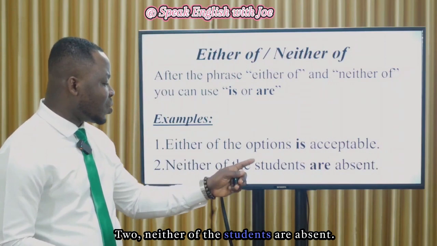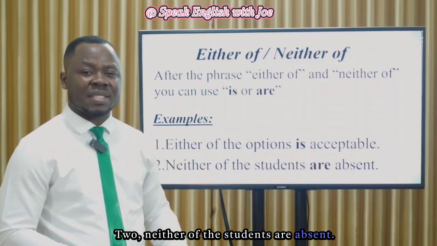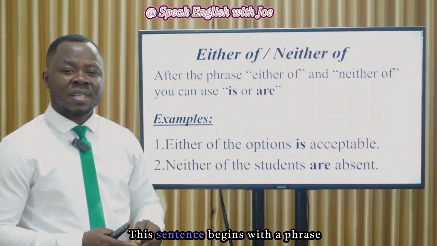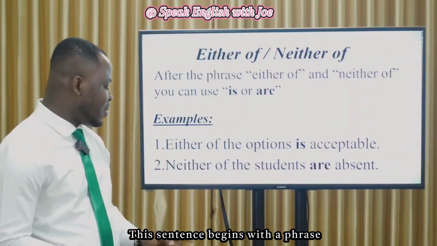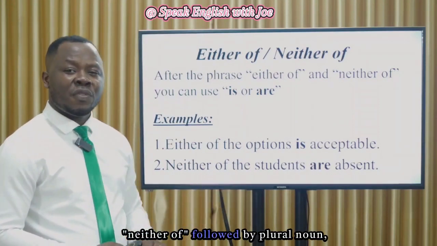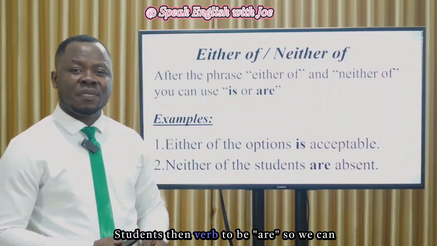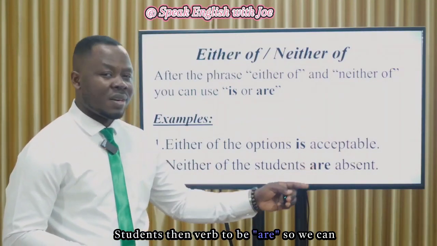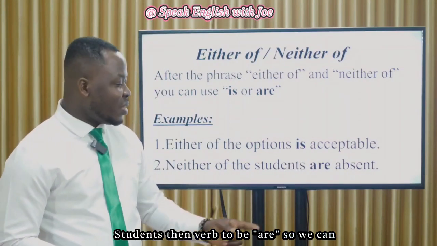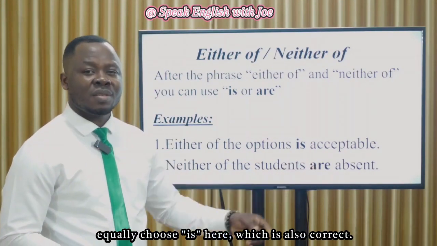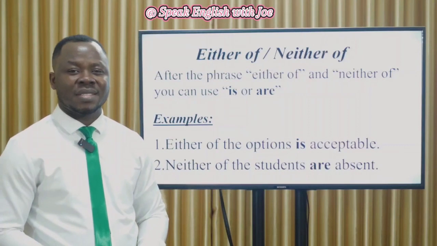Neither of the students are absent. This sentence begins with the phrase neither of, followed by plural nouns students, then verb to be are. So we can equally choose is here, which is also correct.